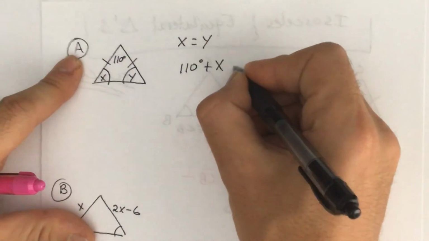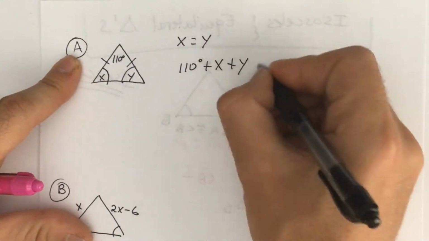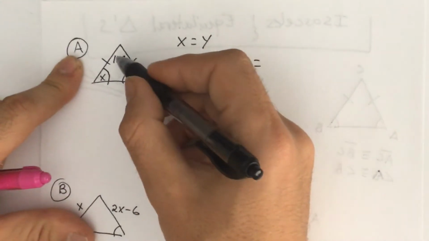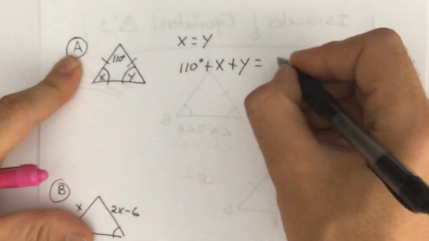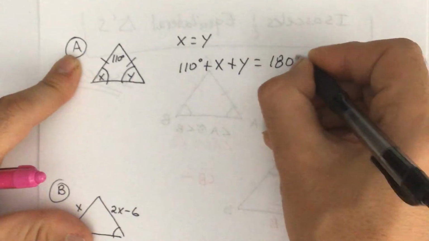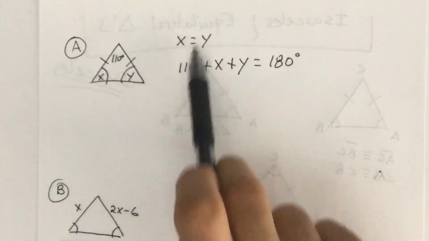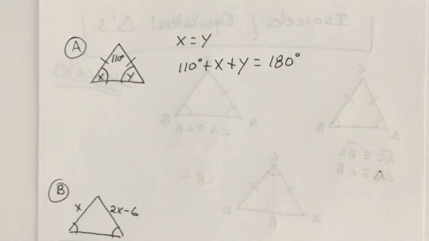plus X plus Y, well, all of these angles, if you guys remember, all of the angles inside a triangle add up to 180 degrees. Now, I have two variables, right? I need to have only one variable, but we know that X is equal to Y, so I can do a substitution.